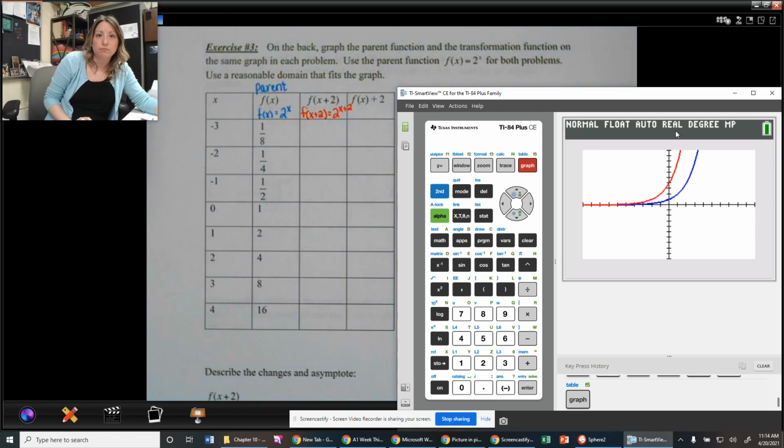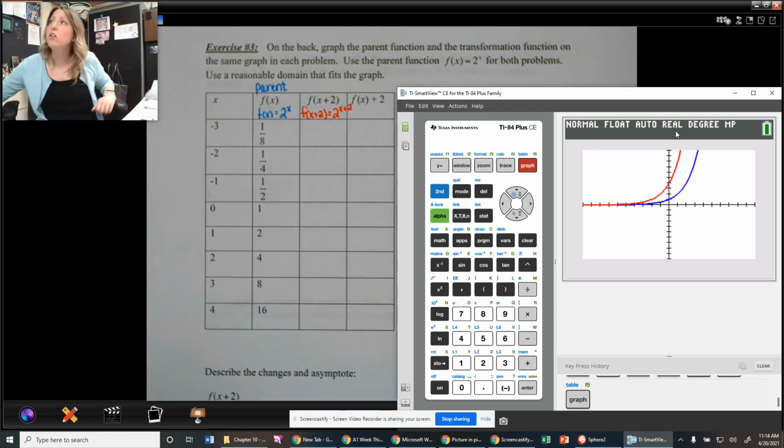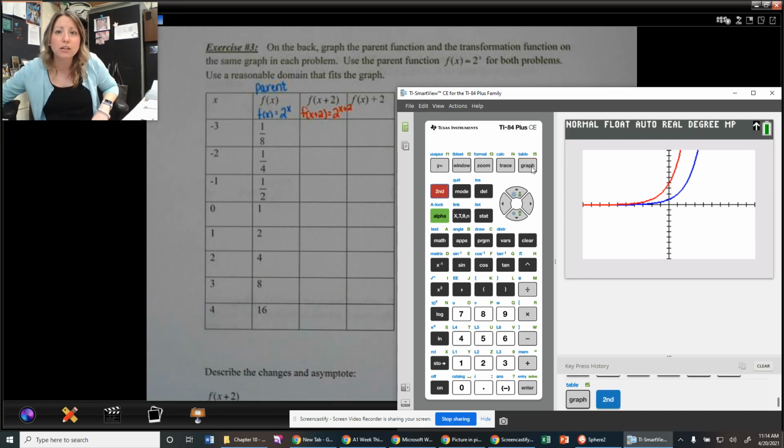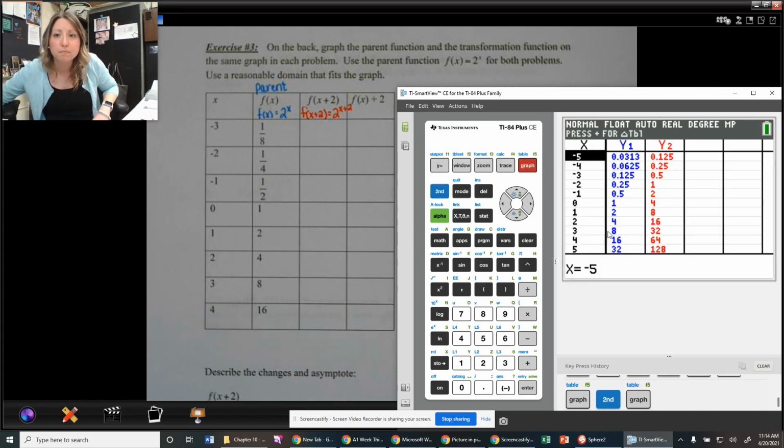Up here, if we look at our table of points and match up with these points we already have, second graph gets us our table of points. Okay, so if we match those up, we know what these y values are, and look where they start.